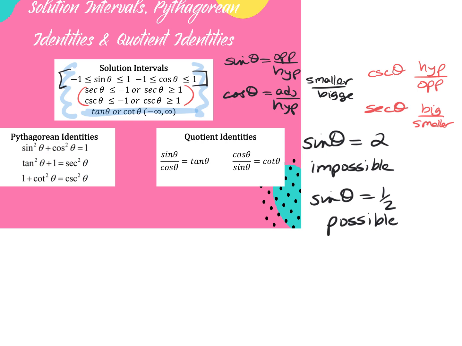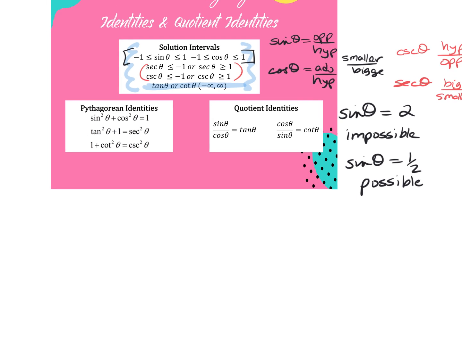Now, the Pythagorean identities, these are down here. We are going to be using these a lot. And again, these are the 3 basic ones, but be able to take any of the 3 and rearrange them and solve them for any part. So let's say I wanted to do a substitution for sine squared theta.